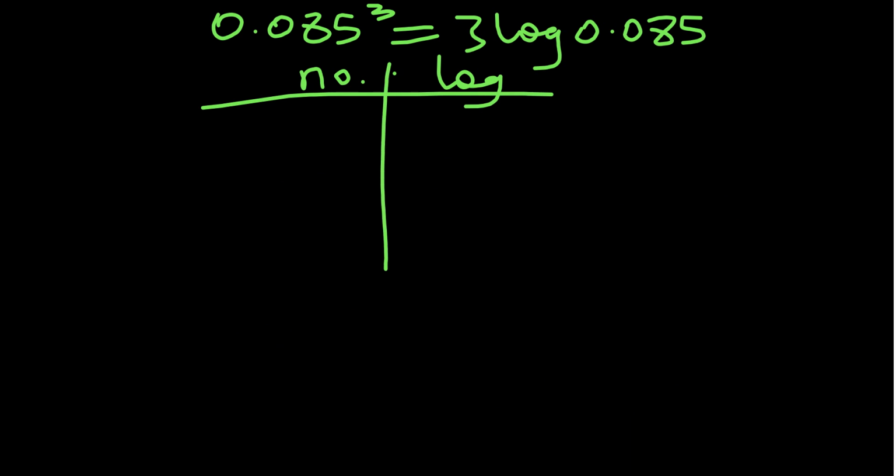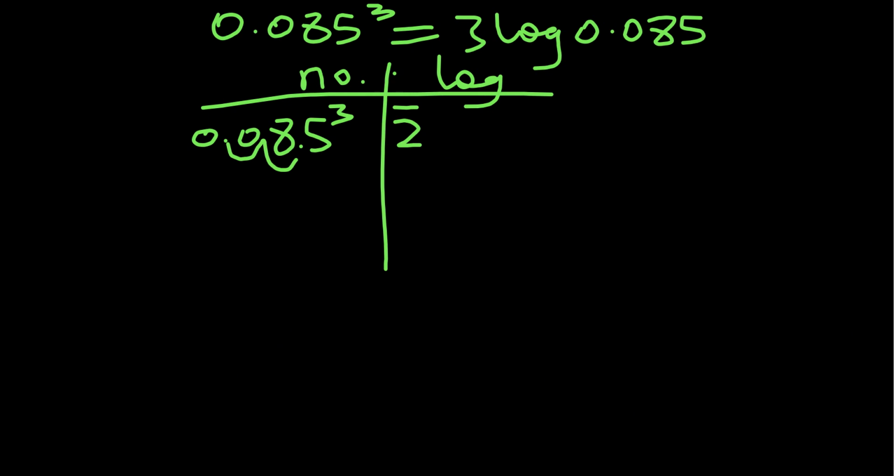So you bring your number here, 0.085 raised to power 3. And because you want to convert this to standard form, you move it 1, 2, so it is -2. Remember, we said in our previous videos that once you have zeros before the actual numbers, then it has to be a negative characteristic.